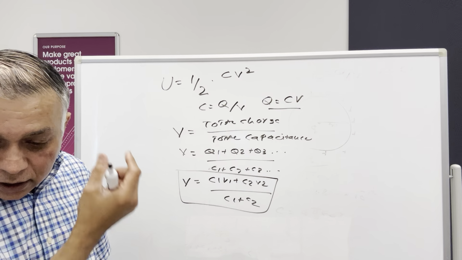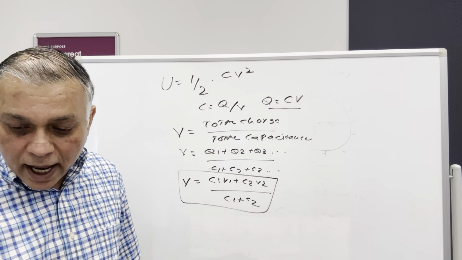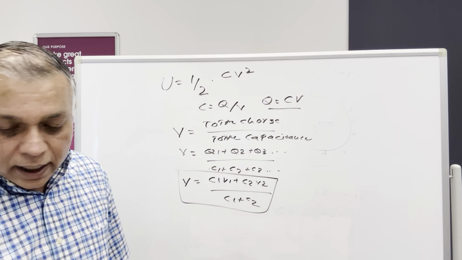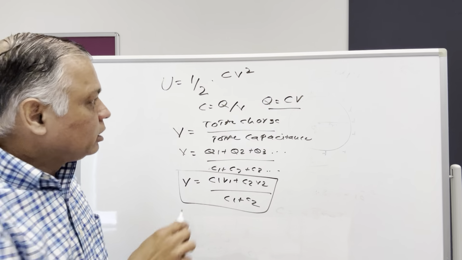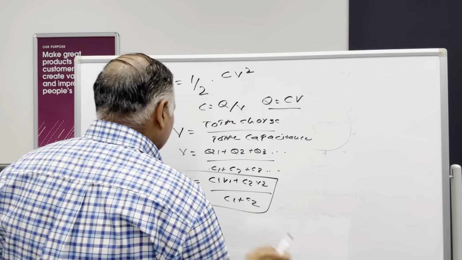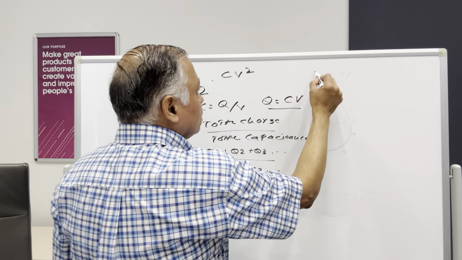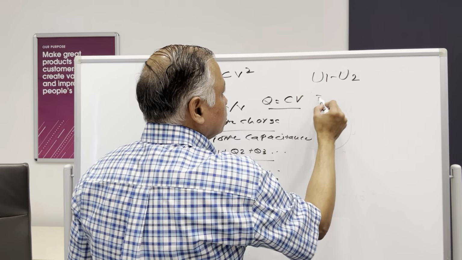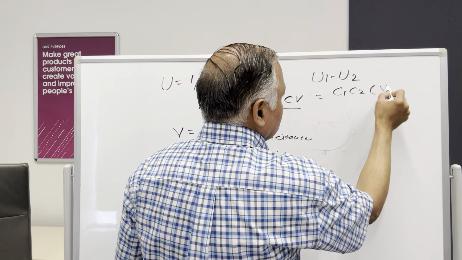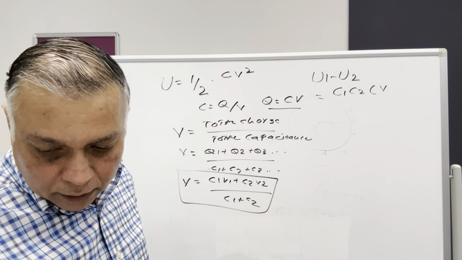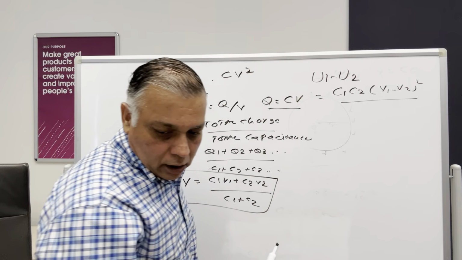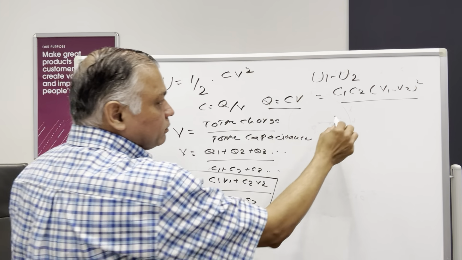From that, there is another one, which is sharing the charges. When we say that there is no loss of absolute energy, right? Then basically U is equal to 1/2 CV square. So if we need to calculate the energy loss, then U1 minus U2, it is C1C2 into bracket V1 minus V2 square divided by twice C1 plus C2.